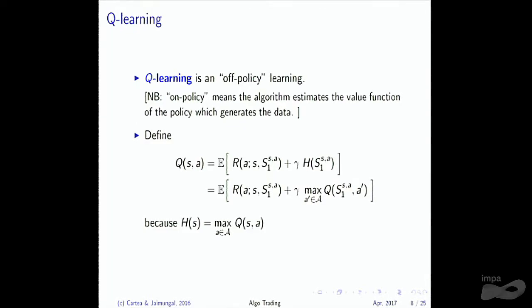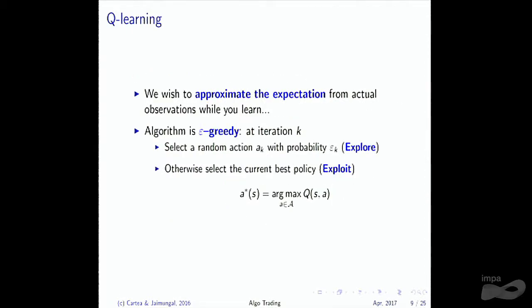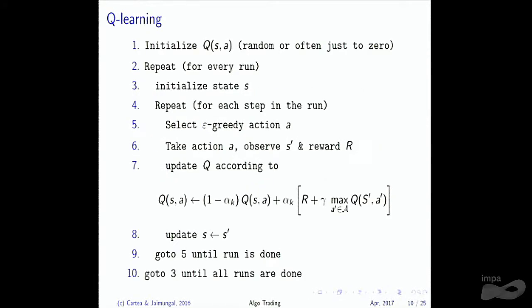But it turns out there's a very nice recursive way to estimate this from data without making assumptions on the transition matrix. And here's the idea. Actually, it's better to just go here. Here's the algorithm for it, and I'll show you why the algorithm makes sense, or at least give you the intuition.